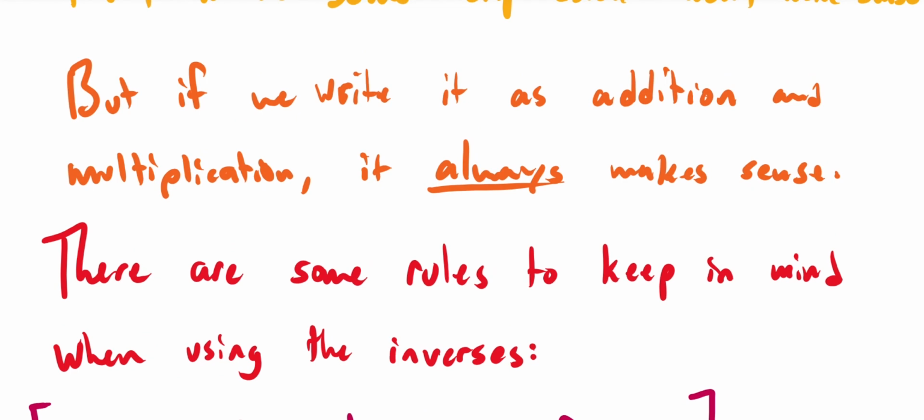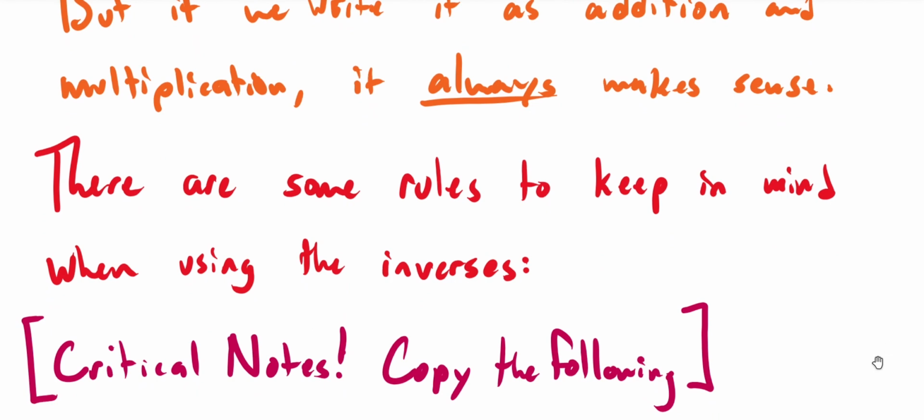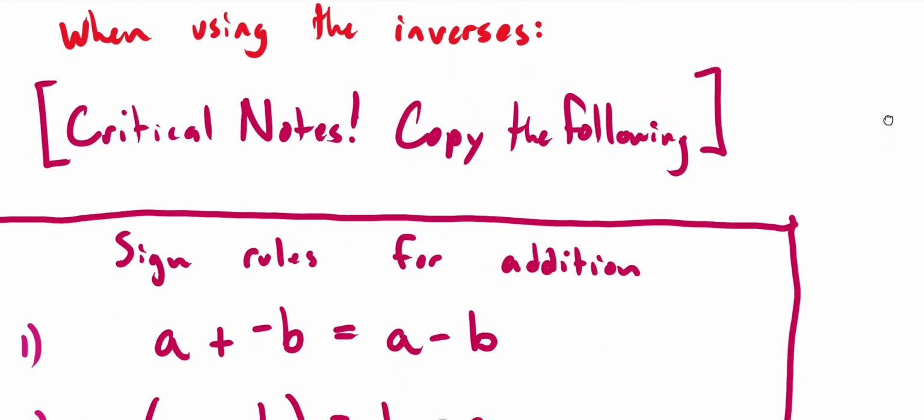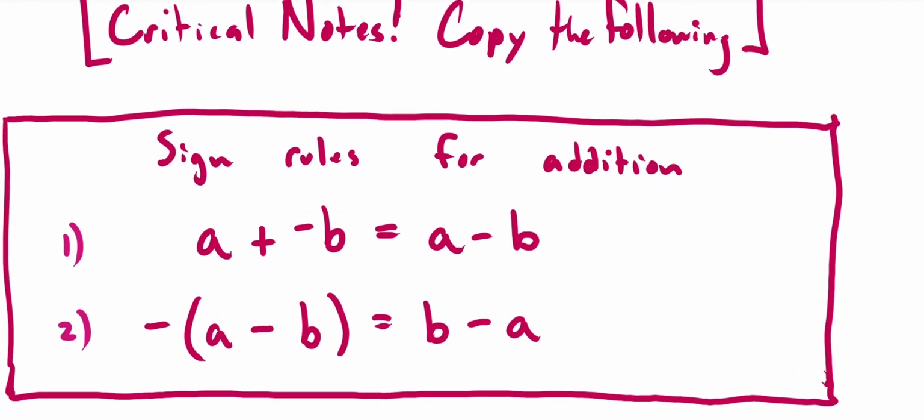Now, there are some rules to keep in mind when using these kinds of inverses and inverse operations. These are critical notes. I want you to copy the following chart. First of all, there are the sign rules for addition. If you're adding a number plus a negative, that is subtraction. If that's an easier way for you to think about a certain expression, then by all means do it.